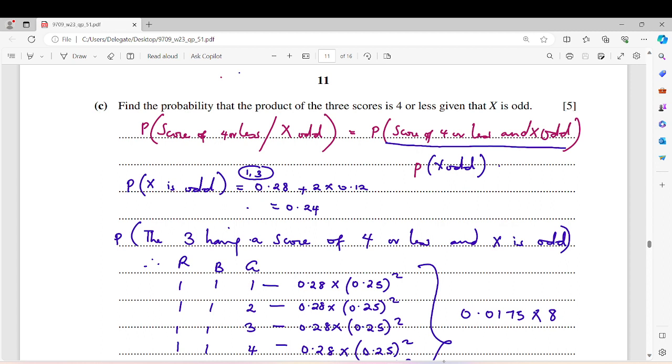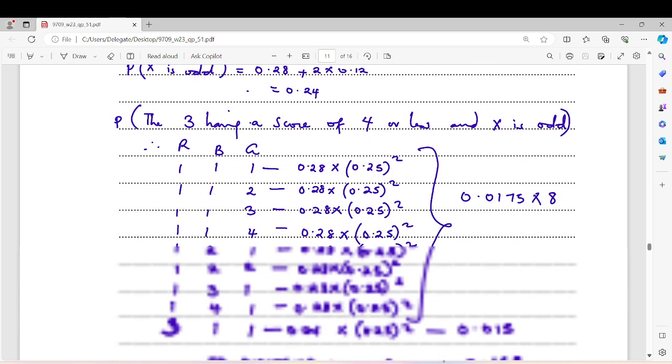You list the different possibilities in which we can have the product being 4, 3, 2, and 1, and you add them up together over the probability of X being odd. So X being odd means it is taking on 1 or 3, and the probability of 1 in the random variable X is 0.28, and 3 is 2p, and we had already gotten p, and we just have to substitute.